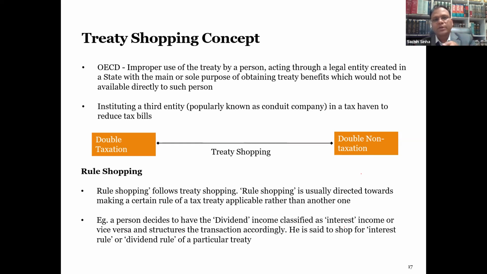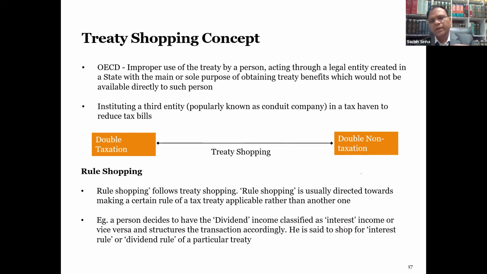So if they come to India directly, of course the tax cost would be high. So they try to find out whether there is any treaty through which India has given relief, and similarly the UK has got such relief.